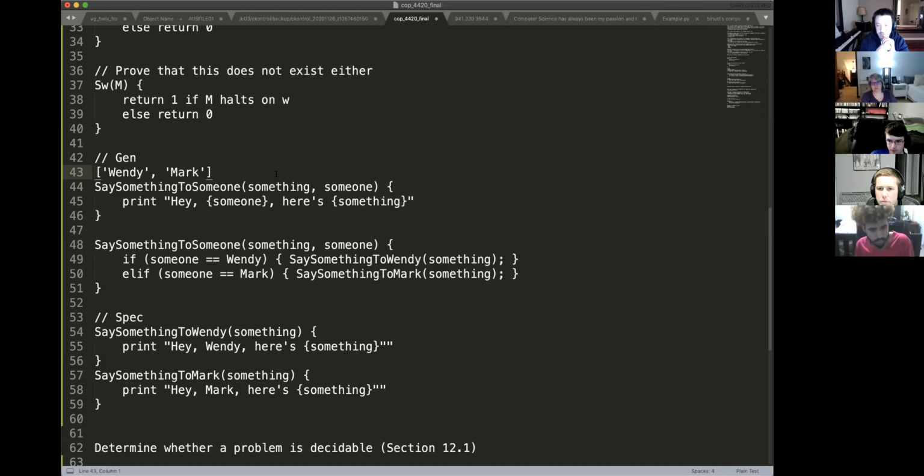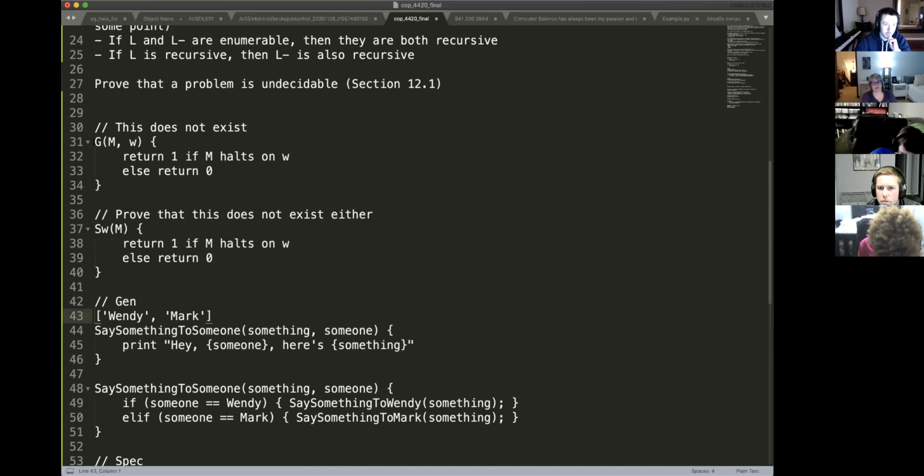Yeah, but in this case, in case of this question, we have to explain it in mathematical terms, but the general idea is as simple as that. So going back to where we were, we have our general halting problem that takes M and W. They are saying that for every W, there exists our say something to W function, which is our specialized function that only takes M as an argument.